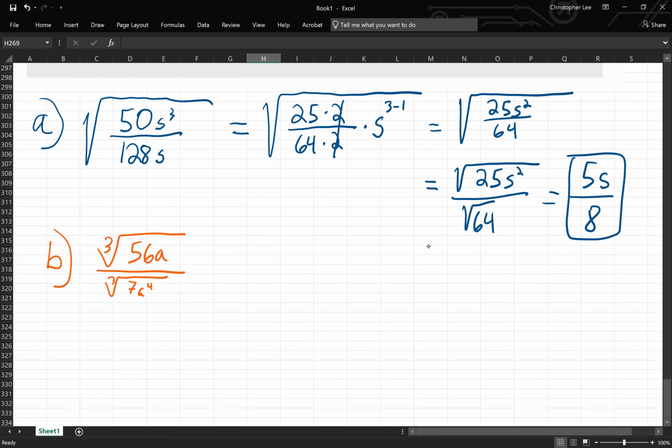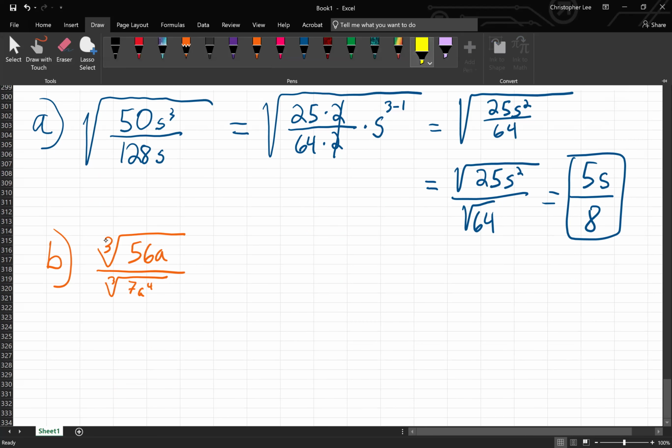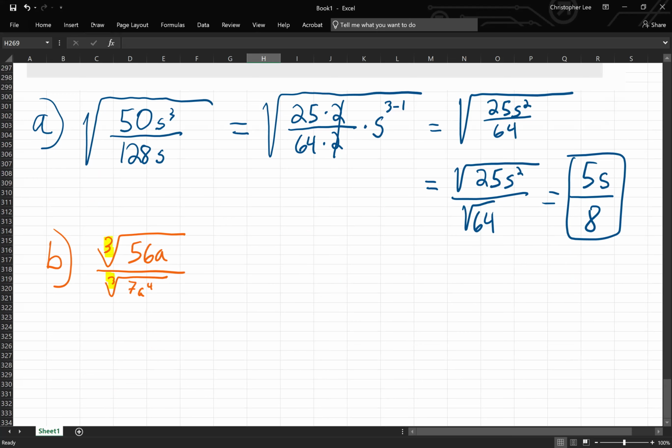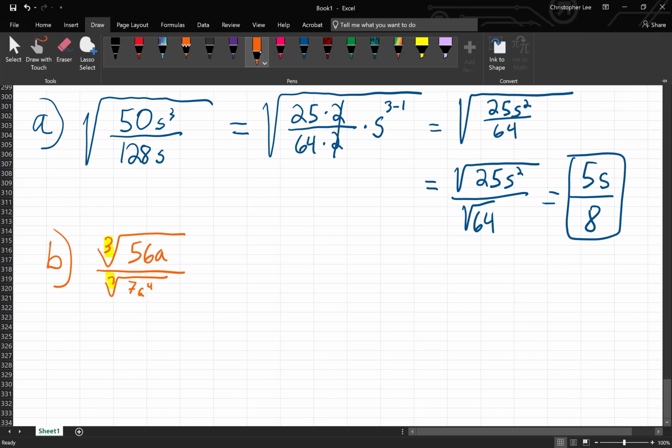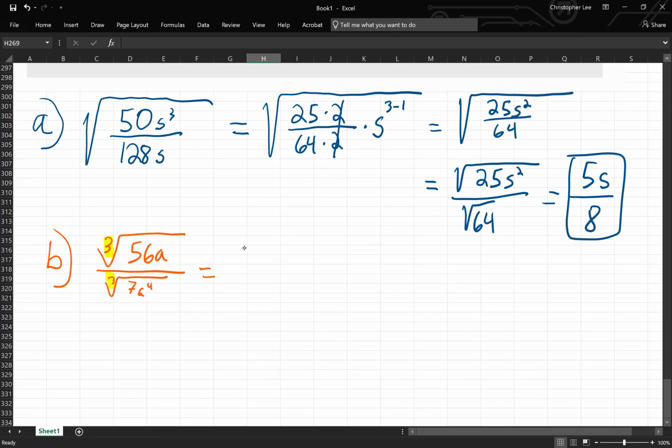Now they both have the same index, the same index. So because of that, I can put them under the same radical. So this is going to be the cube root of 56a over 7a to the fourth. And then just go about it how you would do it.